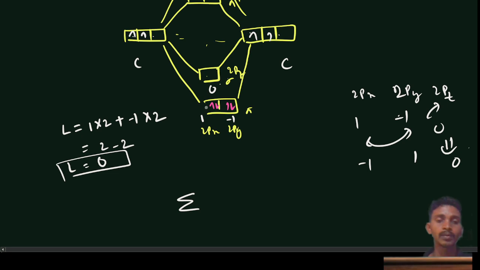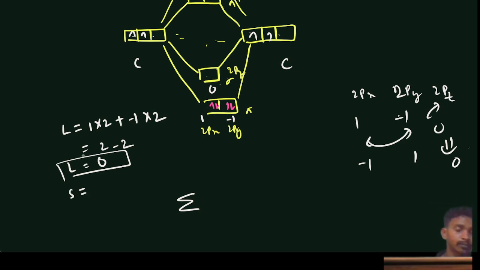Now we will look at the S value. The S value is the summation over all electrons: plus half, minus half, plus half and minus half.